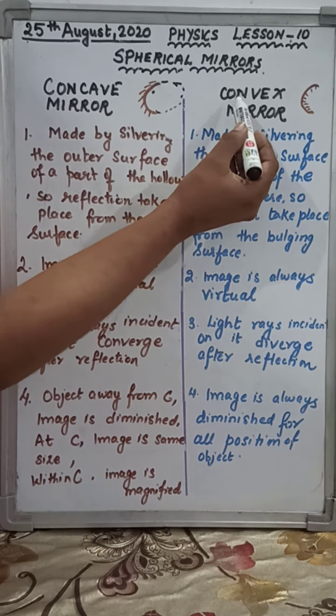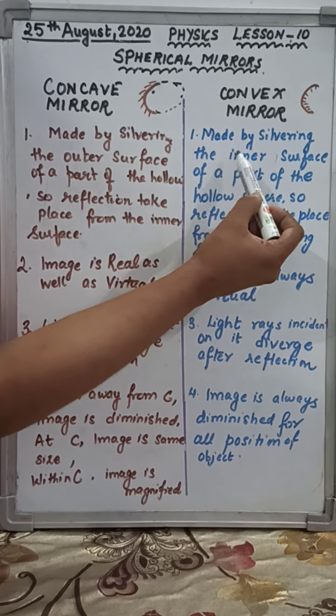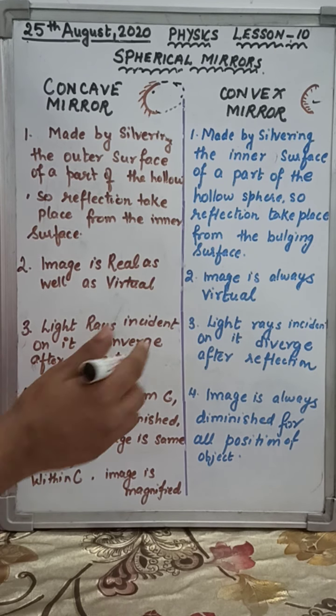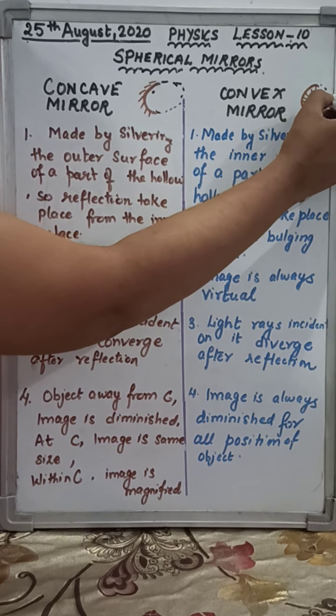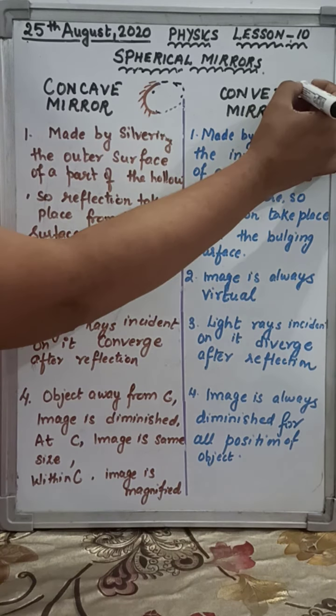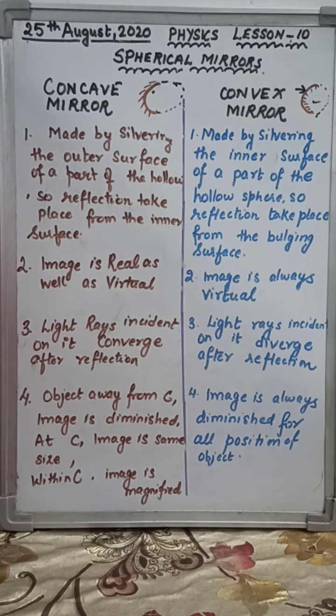In case of the convex mirror, the inner surface is silvered, this hollow part, and the reflection will take place from the outer surface or the bulging surface.